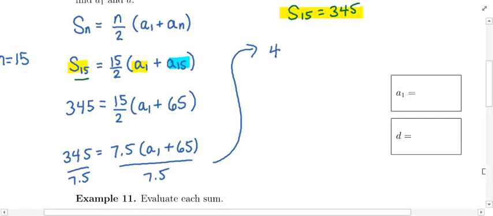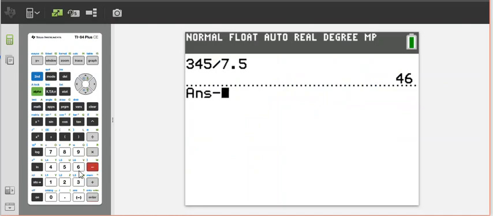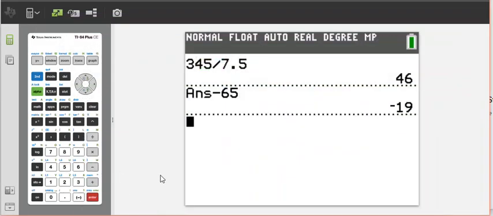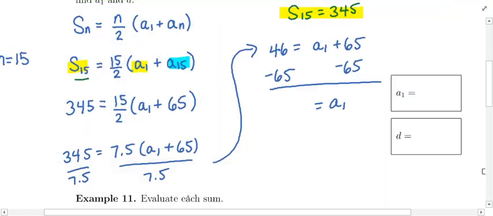So we're going to get 46 is equal to A1 plus 65. Subtract 65 from both sides. That gives us A1. A1 is going to be 46 minus 65. So the first term in this sequence is going to be negative 19. There's your A1 value.